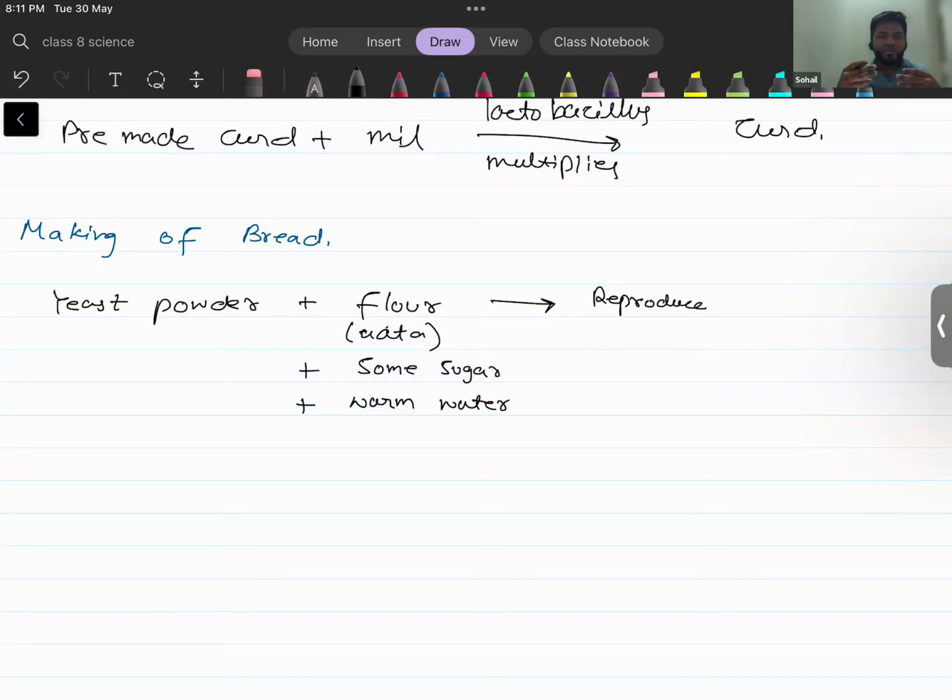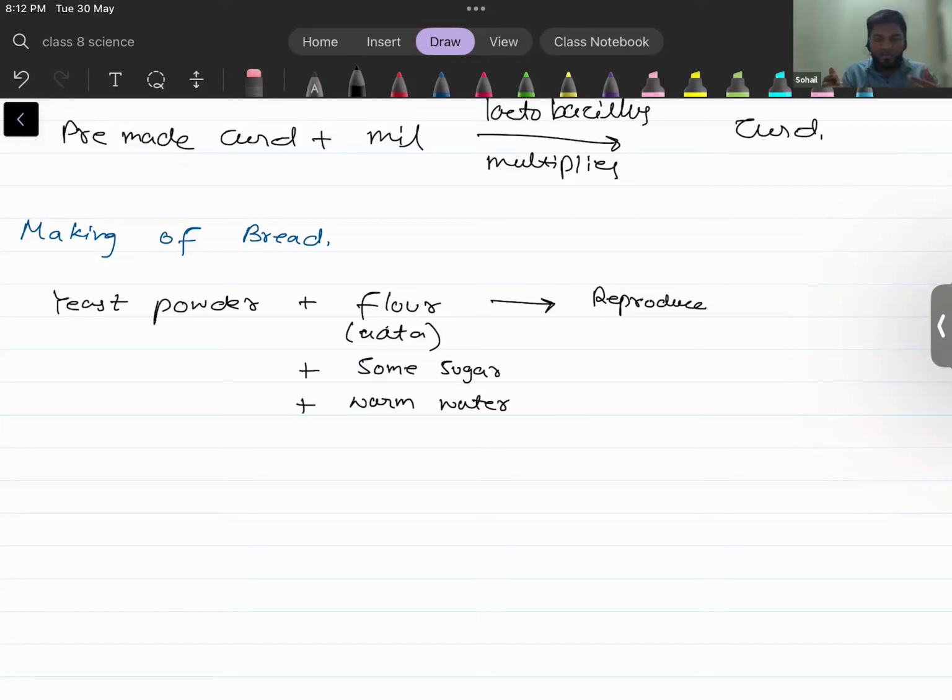Just like us humans, when we breathe out, we release carbon dioxide. When we are doing the process of respiration, you know about respiration? Yes, sir. In respiration, our body utilizes the food and releases carbon dioxide.